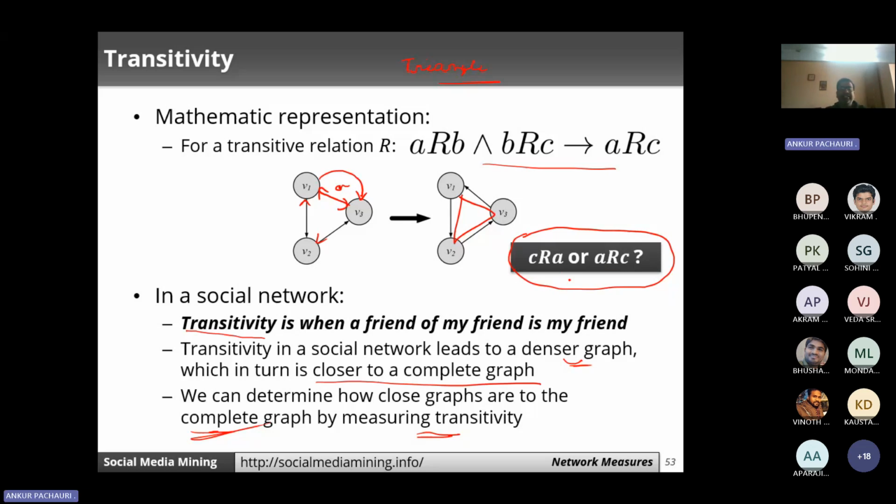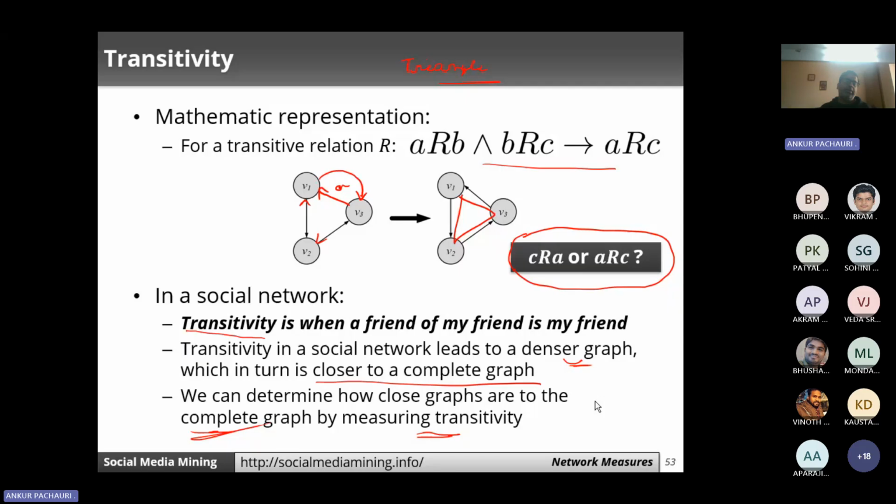But if it is bidirectional, it doesn't have any problem. Either ARC or CRA, fine. I was trying to explain in terms of single direction, unidirectional edges, but unfortunately an example didn't come to my mind at that time. Not even now am I able to think of a particular example where CRA should be different from ARC.